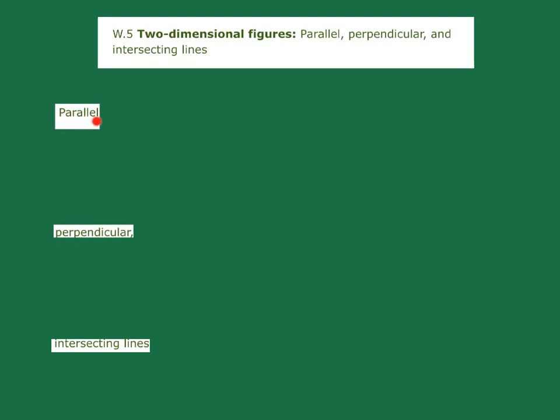So the first term we're talking about is parallel. Parallel, I always remember because it actually has parallel lines in parallel. It's those 2 little L's here, if you look at that. Those 2 little L's are actually parallel. Parallel is like a train track. They never cross. They're always the same distance apart.